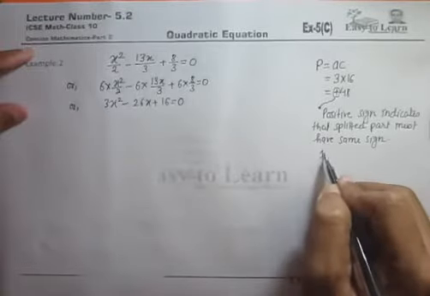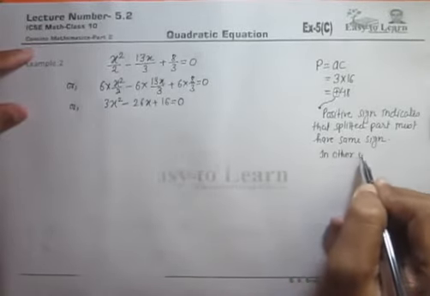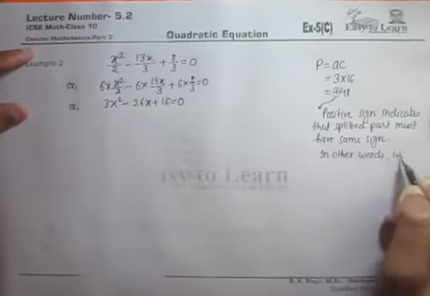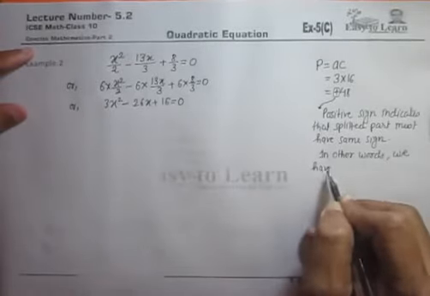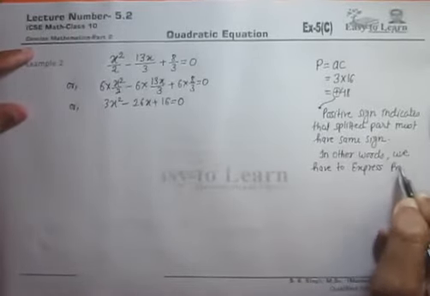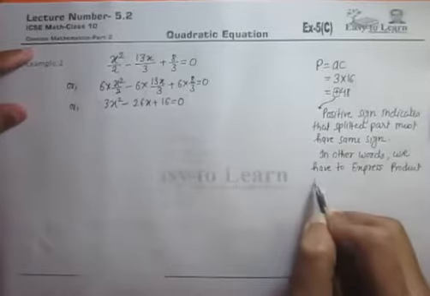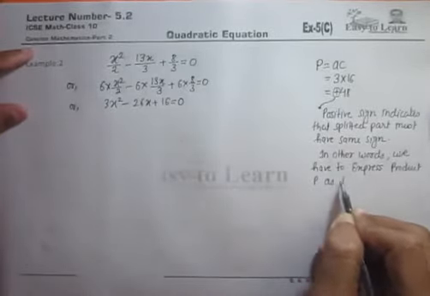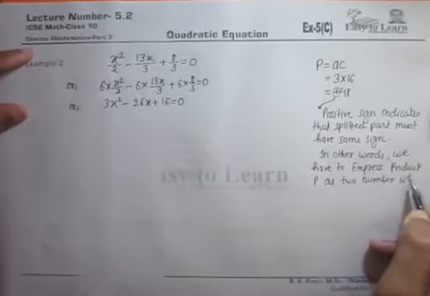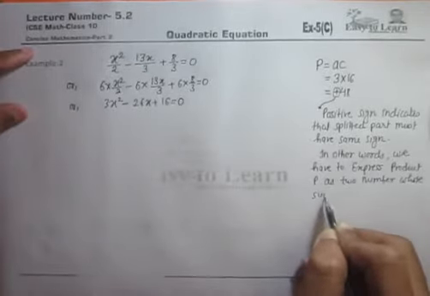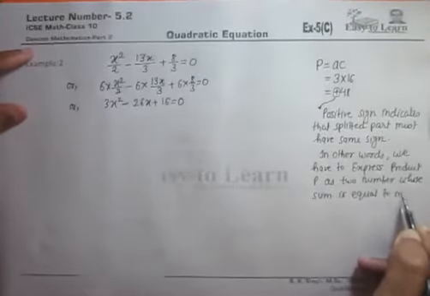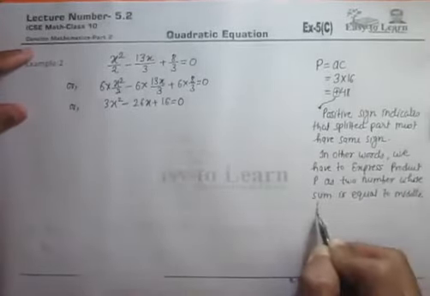In other words, we have to express the product P as two numbers whose sum is equal to the middle term.